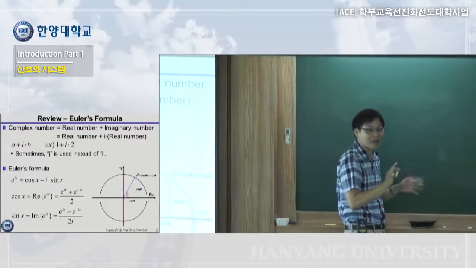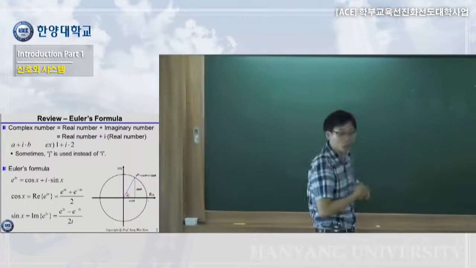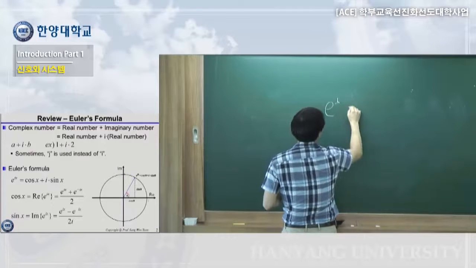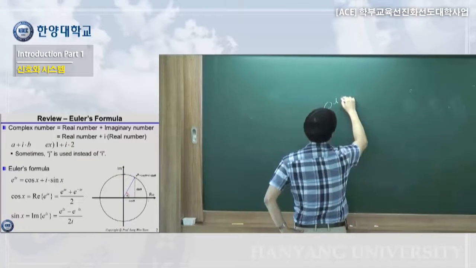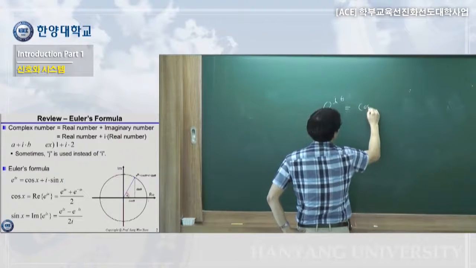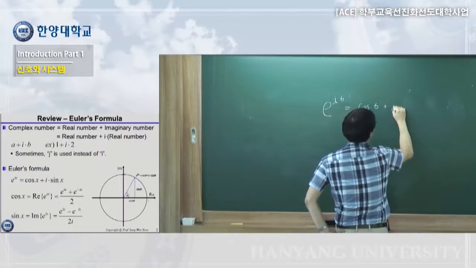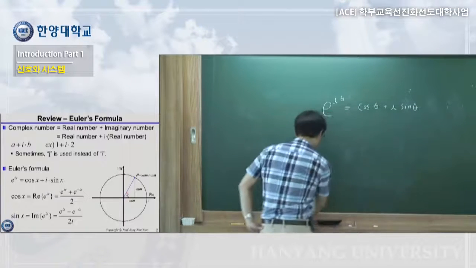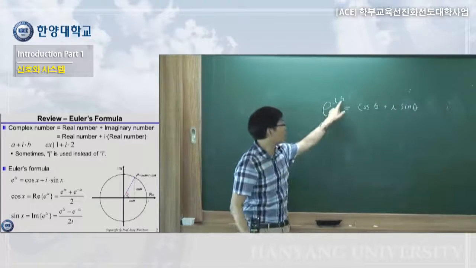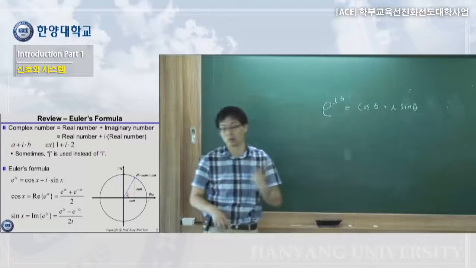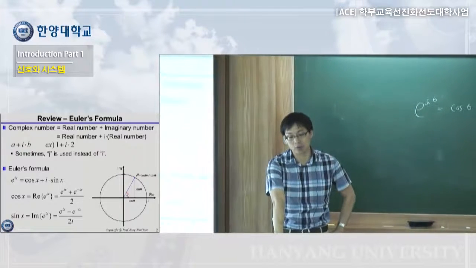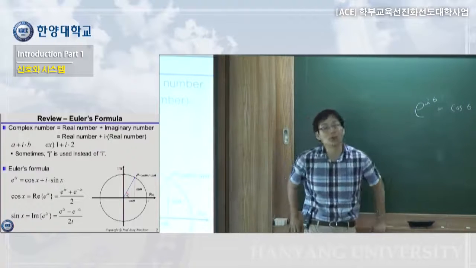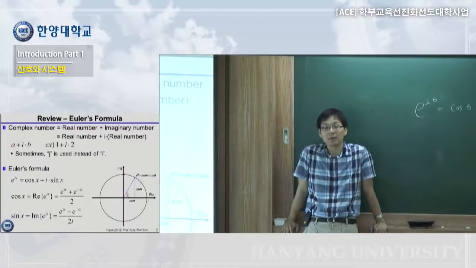Sounds very nerdy, very old-fashioned, but e to the j theta equals cosine theta plus j sine theta, and theta can be x or y or whatever. This is Euler's formula, which is very simple and very understandable, but very hard to find.